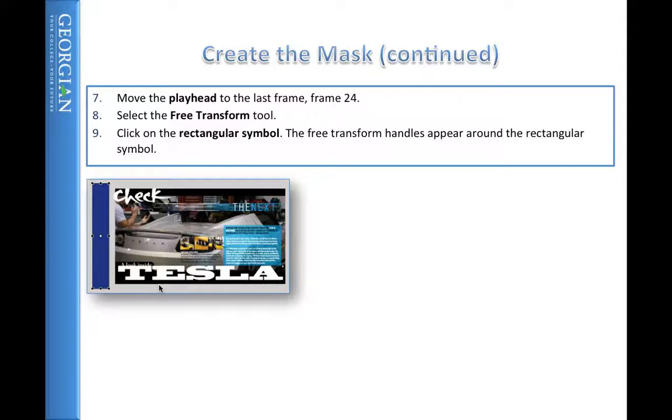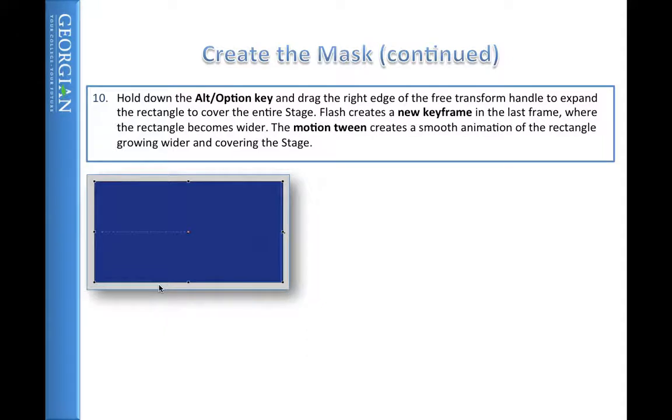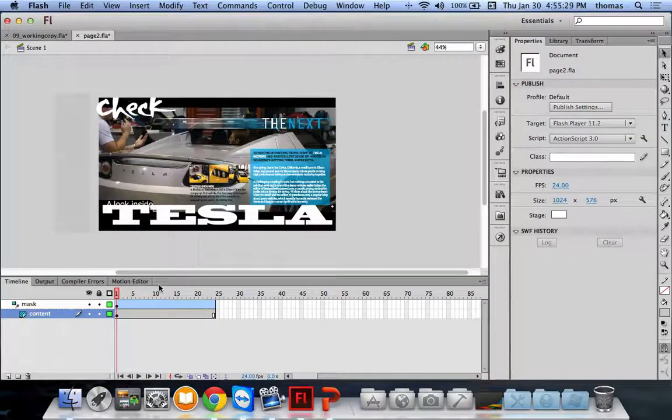We're going to move the playhead to the last frame and use our free transform tool, right? And we're going to click the rectangle, and after we do that, we're going to take that rectangle and move it so that it covers over our entire screen. Let's try that.